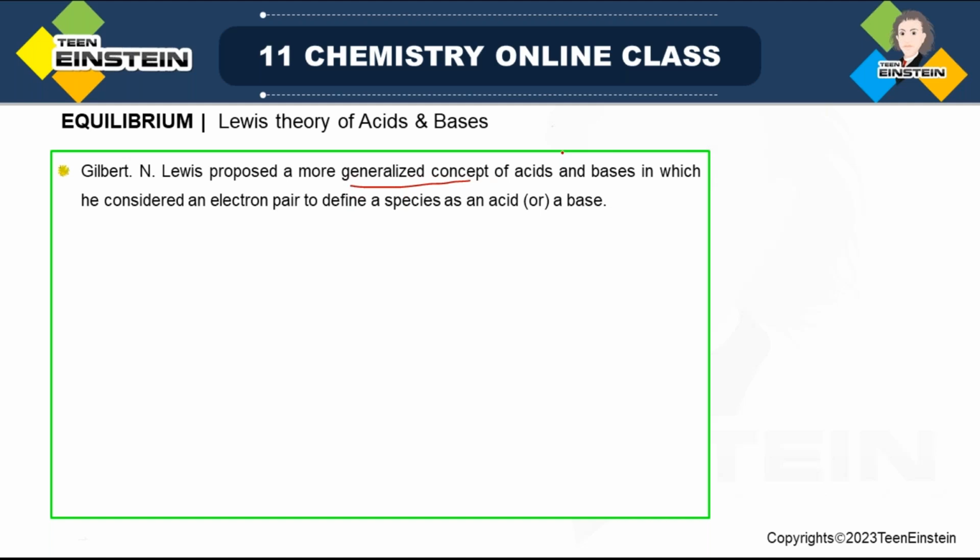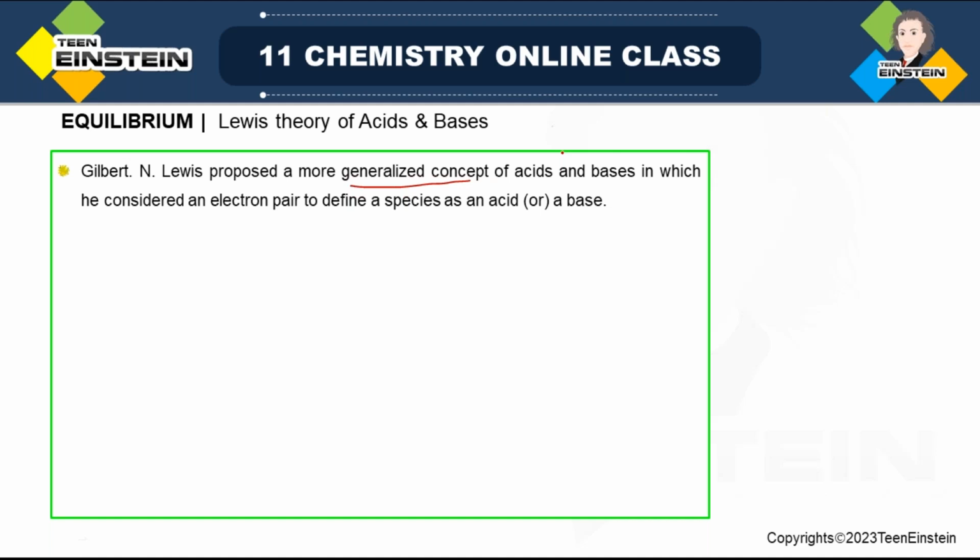That means now it will cover different types of species, acids and bases, and that is the reason limitations will be less. But it is also true that when you cover many species, some other type of limitations can also arise. But we'll come to that point later.